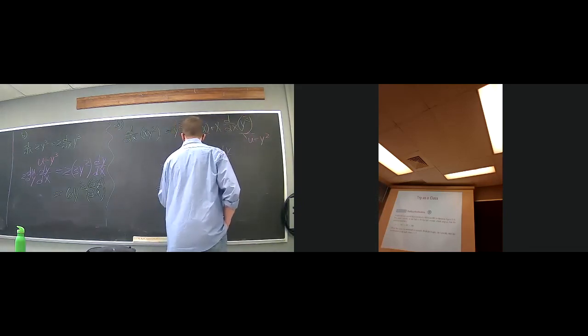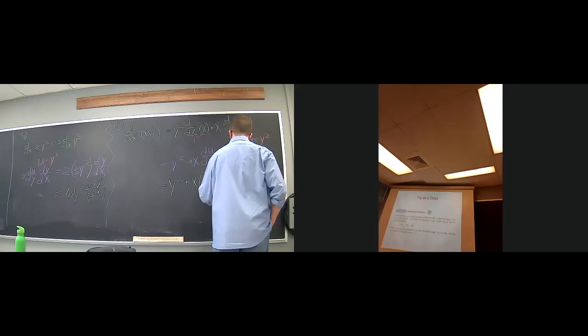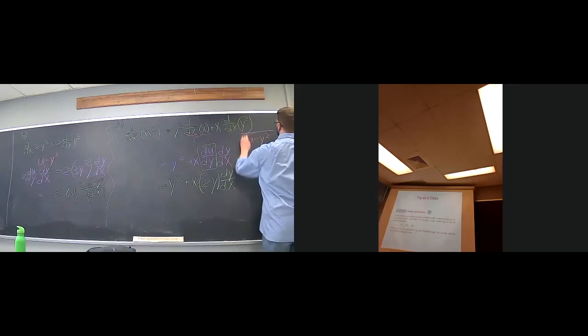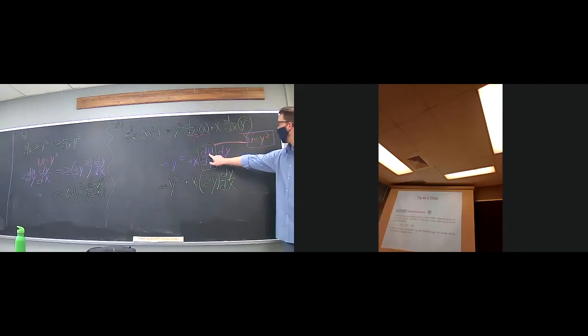We're going to have y squared plus x times 2y dy/dx. Because u is equal to y squared, du/dy is the derivative of u with respect to y, which is just going to be 2y.